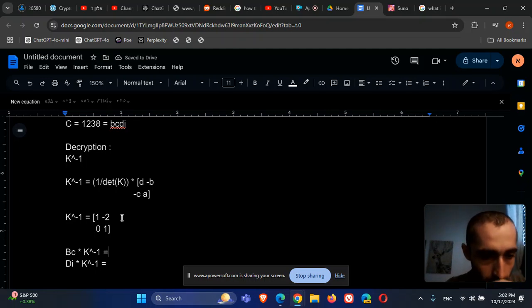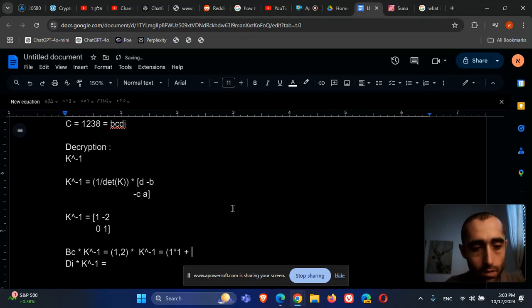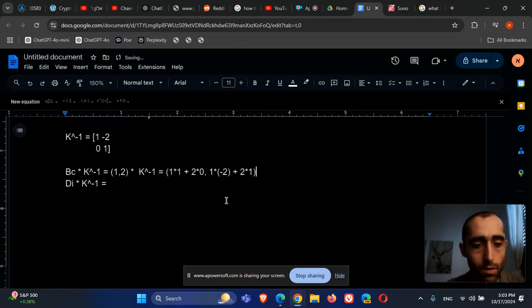So the calculation will be like this. B, which is 1, and C, which is 2, times this inverse K minus 1, which will be, let's calculate it, 1 times 1 plus 2 times 0, and 1 times minus 2 plus 2 times 1, right?